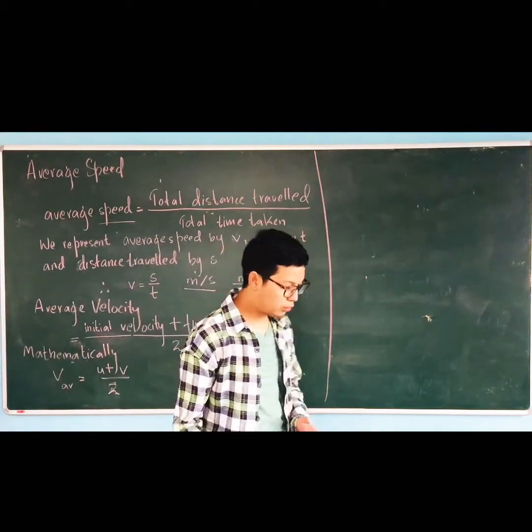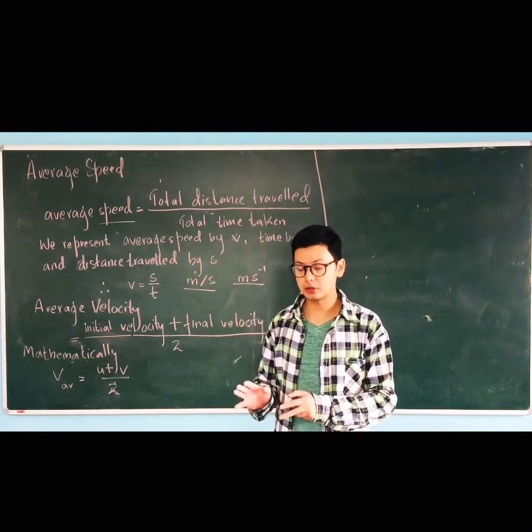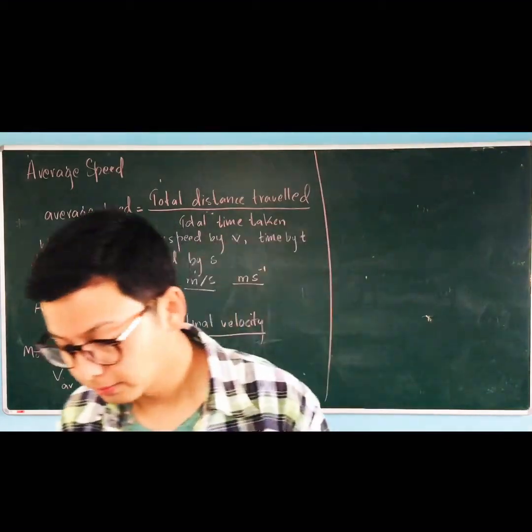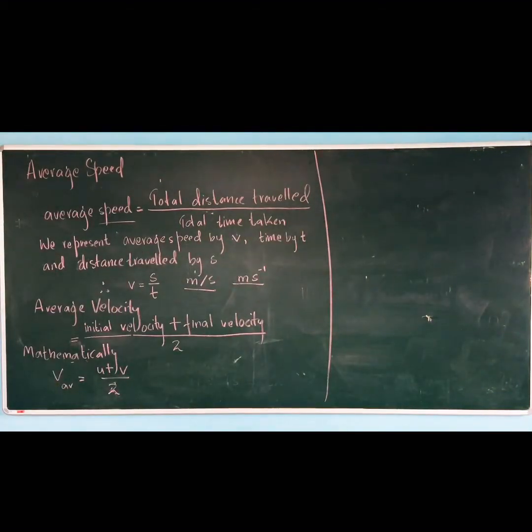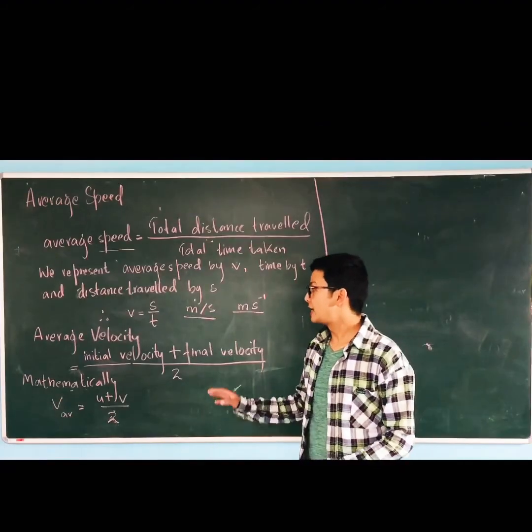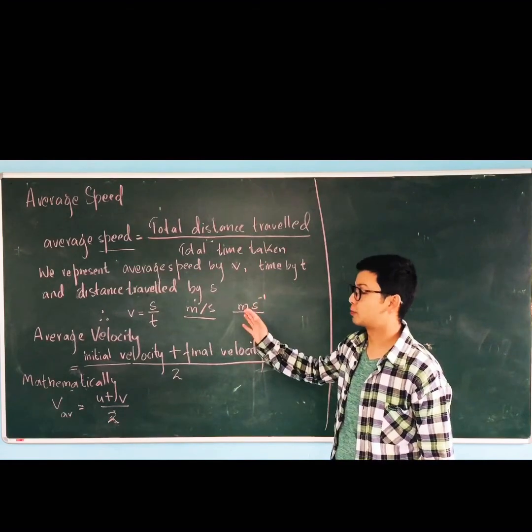Now I want you to go through the book once again. Read each and every part of the book, read through the chapter motion. So now I think you understood what average velocity and average speed are, right?